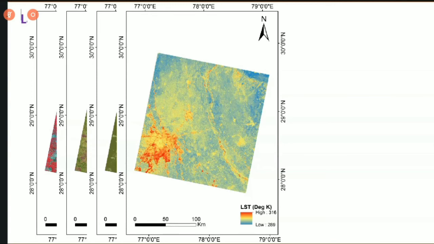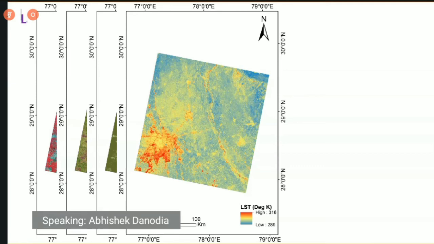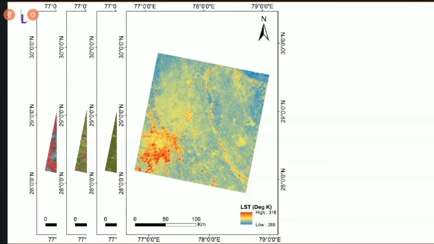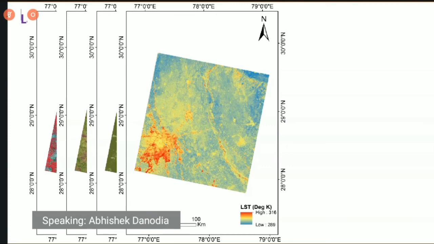Now, land surface temperature simply defines the temperature of your surface, or you can say the skin temperature. It is always higher than your air temperature in the daytime, and vice versa at night time. At night your air temperature is higher and land surface temperature is lower, while in the daytime your air temperature is lower and surface temperature is higher.